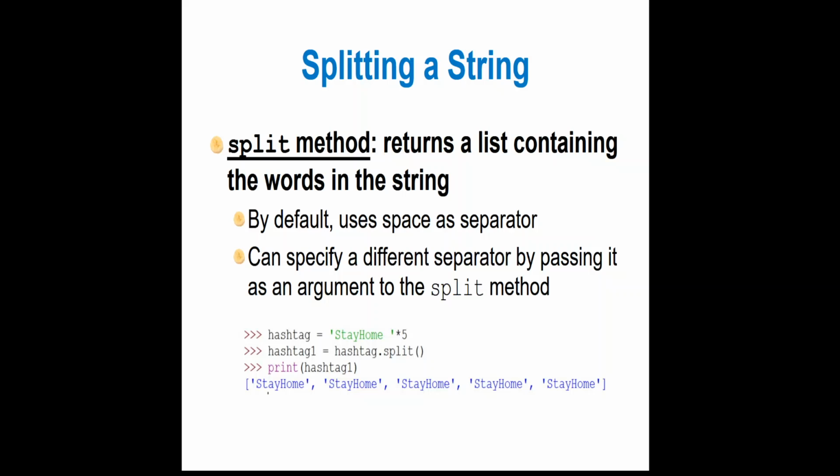You can use the method split. So string name.split will allow you to get a list with all the words in the string. The items of the list are the words of the string, and the delimiter, or what determines what kind of items we have, is the white space. So they are separated by space in this case.